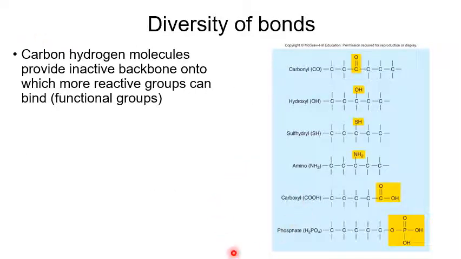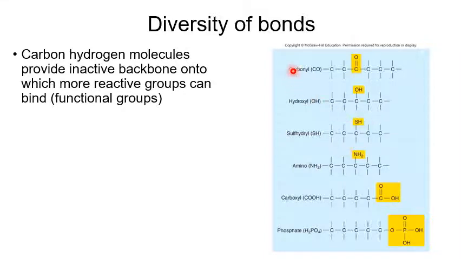So carbon isn't bound to carbon and hydrogen only. That's not the only molecules or atoms that carbon will bind to. You can see we can get different functional groups by carbon binding to different atoms. Okay, and you do need to know some of this chemistry, because we will be seeing this throughout the semester.